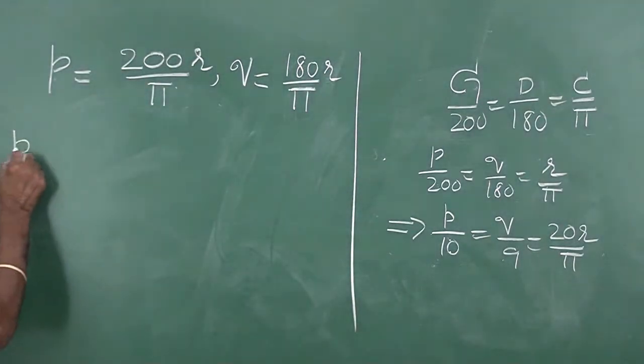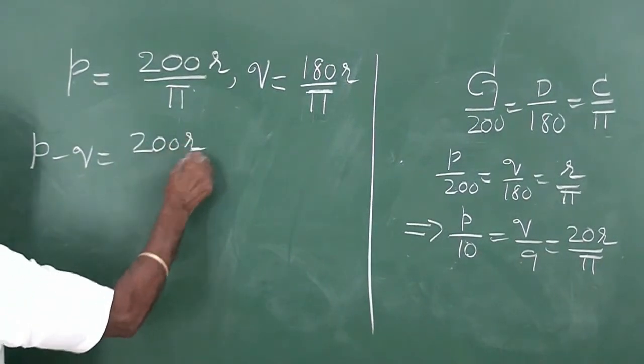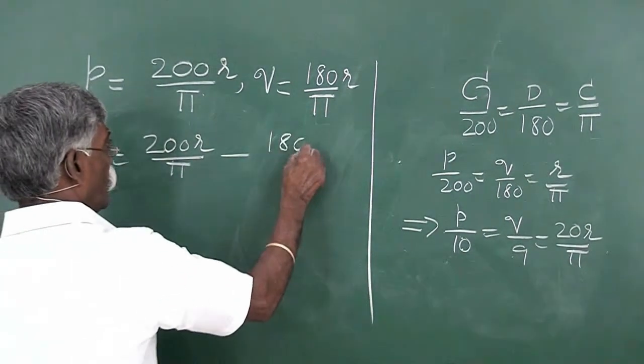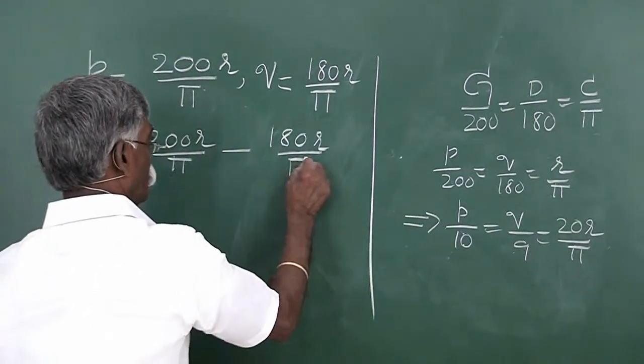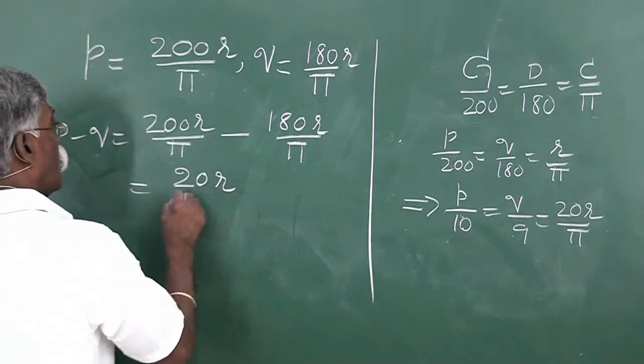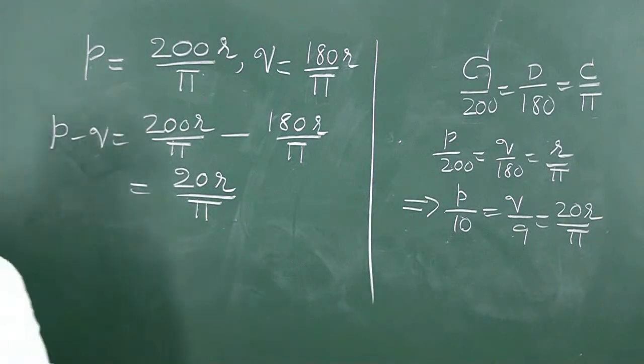Now P minus Q is equal to 200R by pi minus 180R by pi is equal to 20R by pi. This is the required answer.